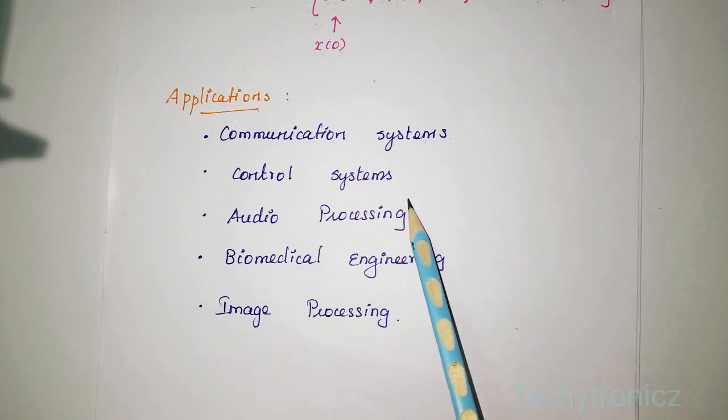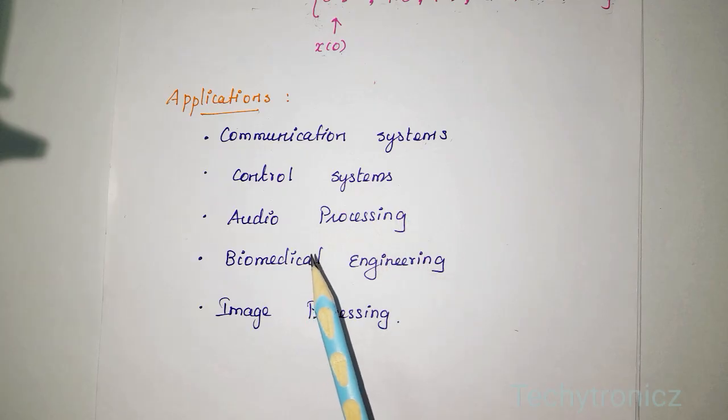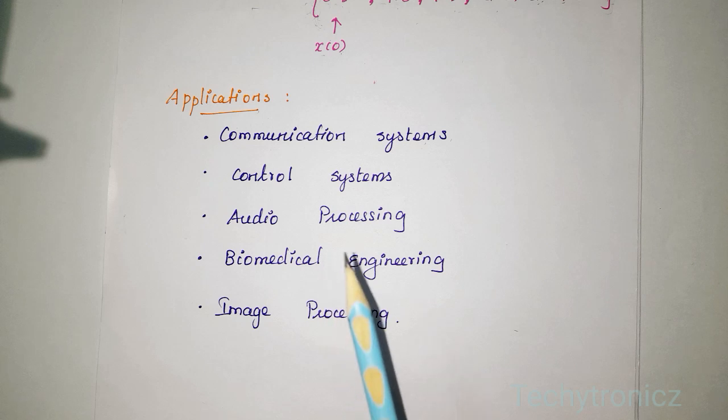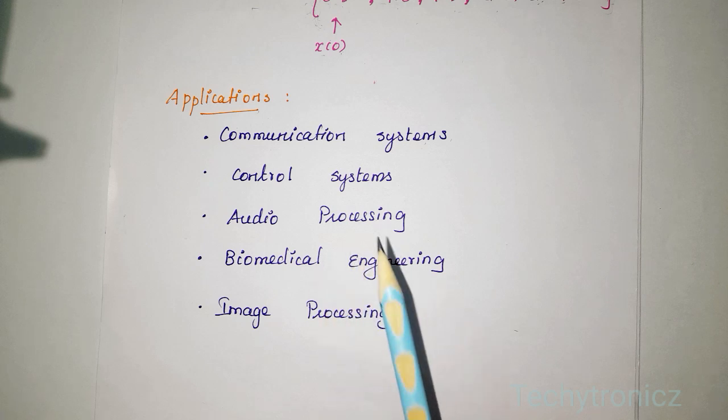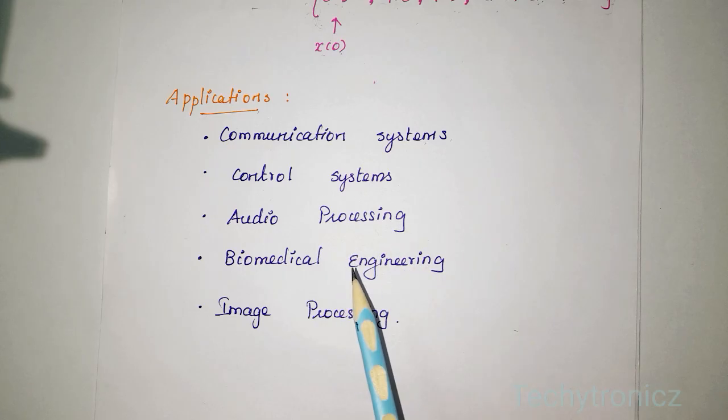Next one, biomedical engineering. Biomedical engineering involves heart signals, that is ECG, brain signals, EEG, and muscle signals. Signals help doctors diagnose health problems. Then image processing.